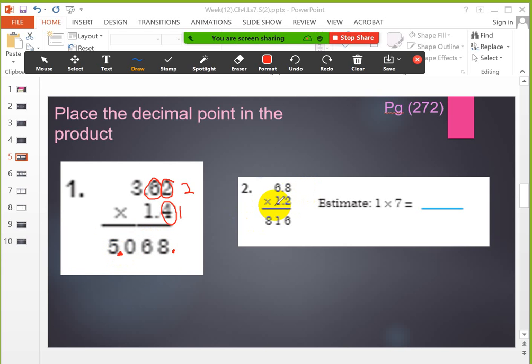Now let's see this one. Aryaf, could you please help me to locate the decimal point? 6.8 and 1.2. How many digits here after the decimal point, Aryaf? Aryaf?